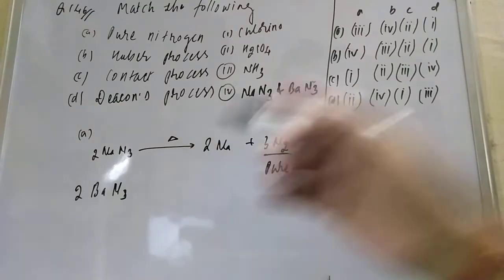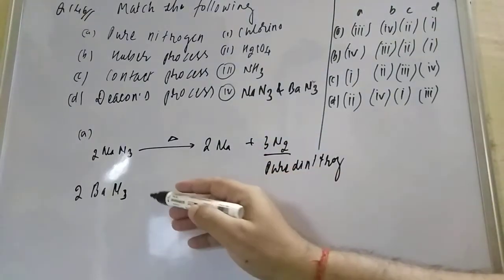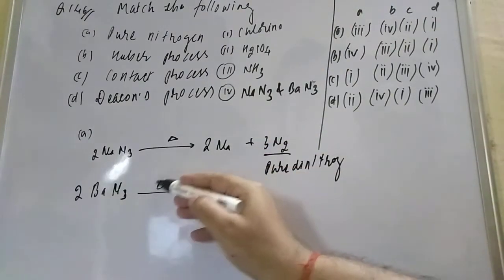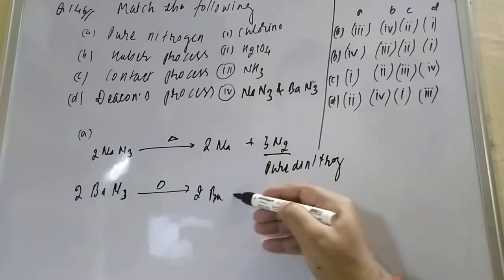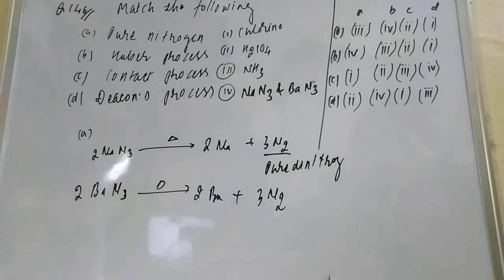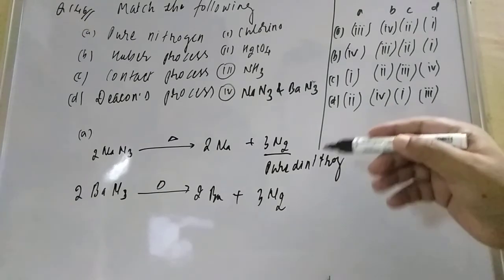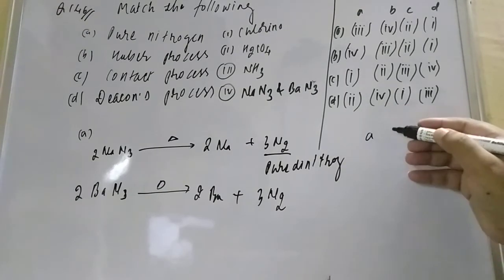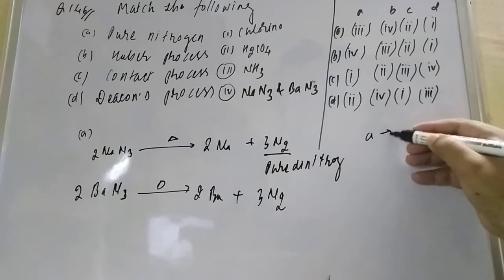So what will you be able to get, friend? Again you heat it, you will get 2Ba plus 3N2. So that is the same you will get here. So what I am saying is that you are getting the pure nitrogen. So first A number is matching with the 4 number.